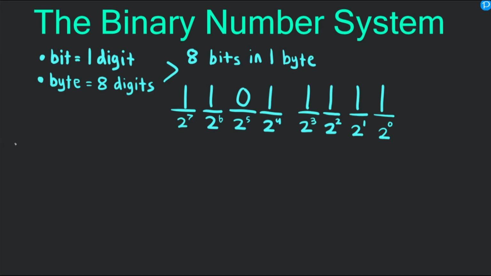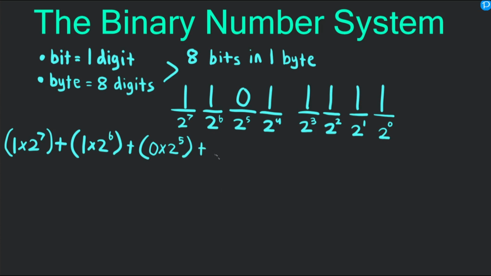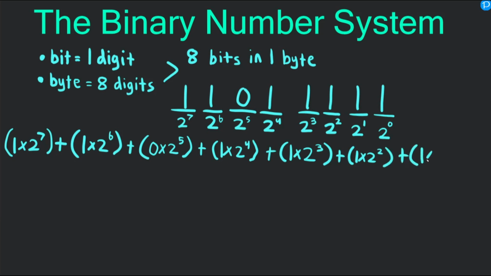We use 1 times 2 to the power of 7 plus, you can put parentheses around these if it's easier to remember, plus 1 times 2 to the power of 6 plus 0 times 2 to the power of 5 plus 1 times 2 to the power of 4 plus 1 times 2 to the power of 3 plus 1 times 2 to the power of 2. Almost running out of space here at the end, oops.